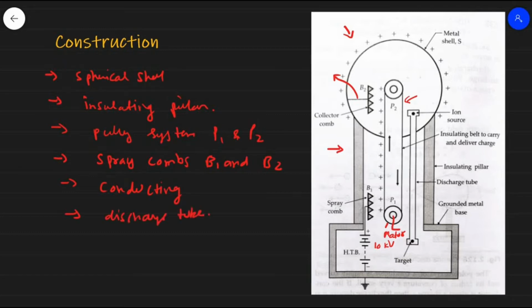So this is basically the construction of the generator. First we have grounded this spray comb B1, and we provide around 10 kilovolts of potential to this spray comb. Now let us see how this generator basically works.